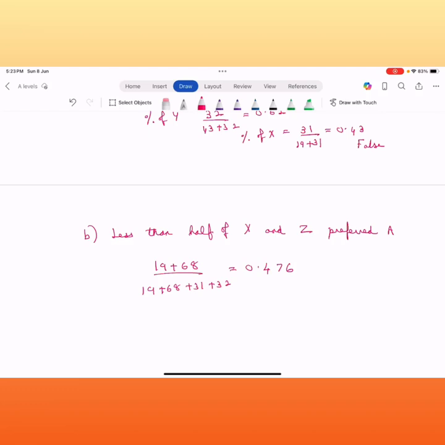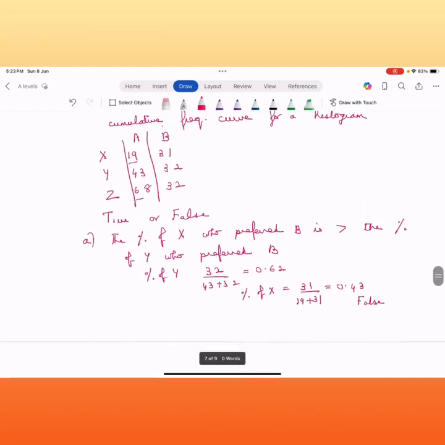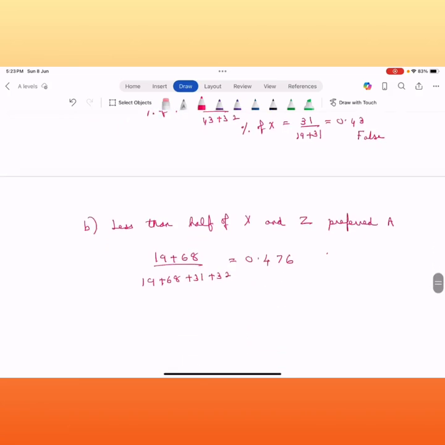So the statement that less than half of X and Z preferred A is a true statement.